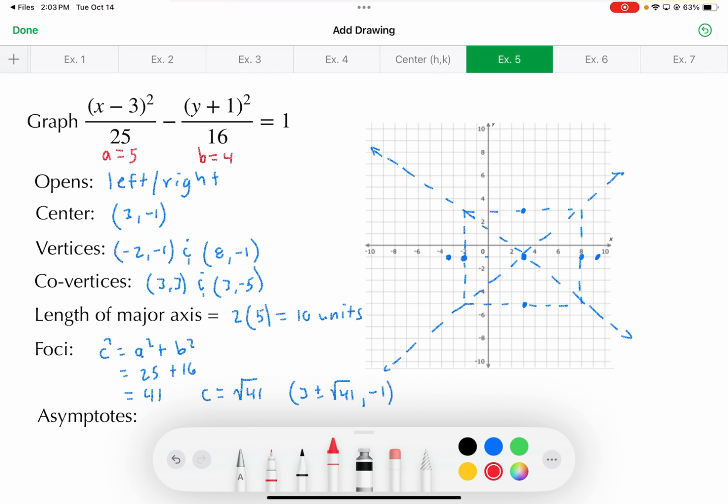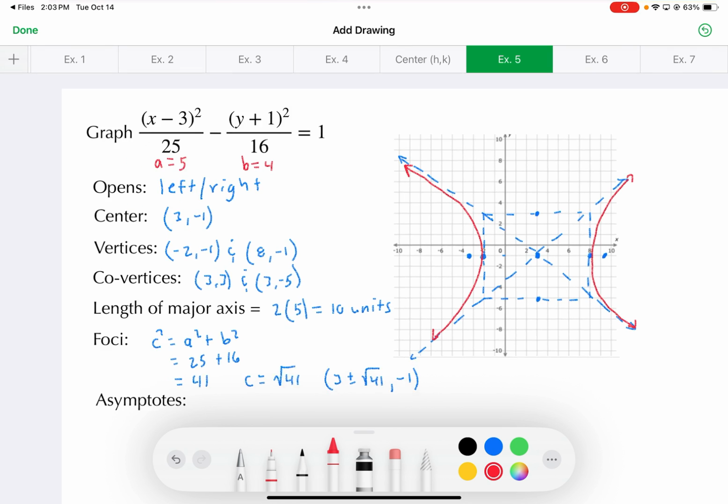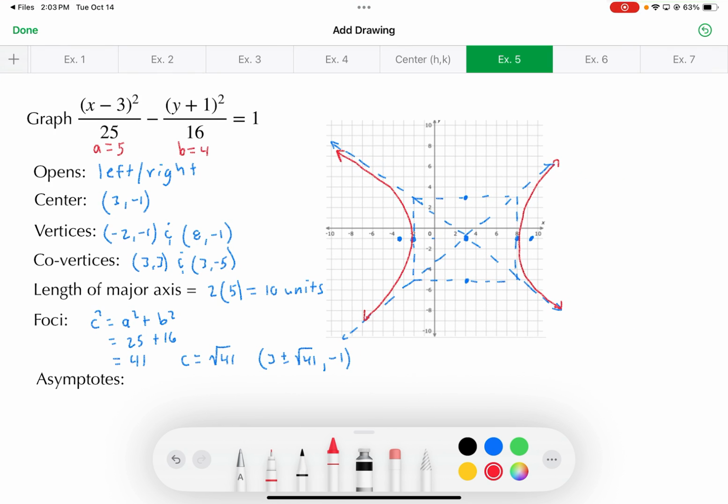And we said we opened left and right, so here's the left side of the hyperbola. Here's the right side. Okay, now for the asymptotes, if we start at the center and try to get up to the right top vertex, we're rising 4, we're running 5.